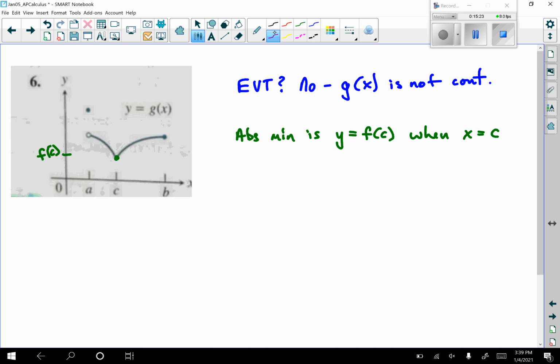Now, because we're on a closed interval, even if we don't have an absolute max in between the two x values, we do have one at the endpoint. So right here, that is the highest y value that we get. So that's f of a. So in this case, we do have an absolute max, which is y equals f of a when x equals a. But these weren't a guarantee because the extreme value theorem hypothesis was not met.